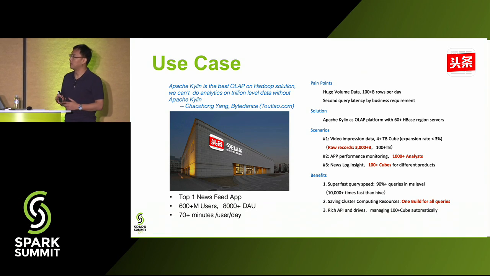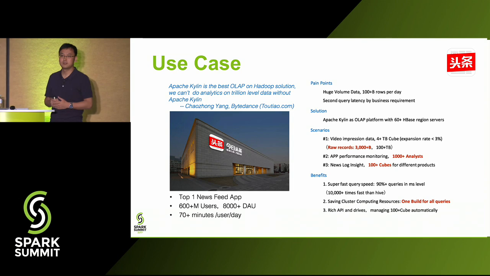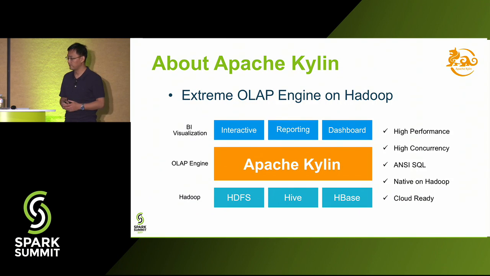When you see the use cases and the amazing numbers, you must wonder why so many users are starting to use Kylin and how Kylin can be so fast. Firstly, Kylin is a Hadoop native OLAP engine. It acts as the bridge between your BI visualization and your Hadoop cluster.